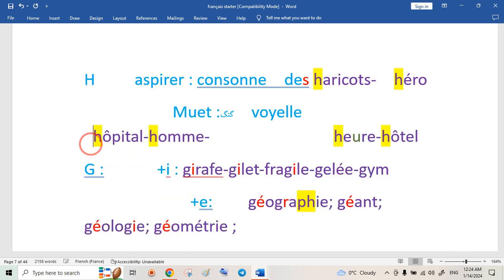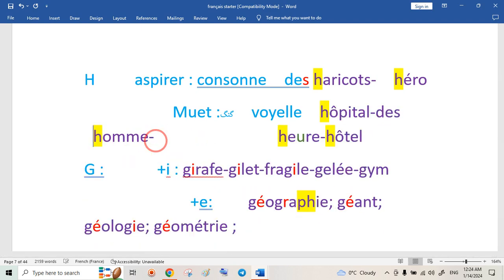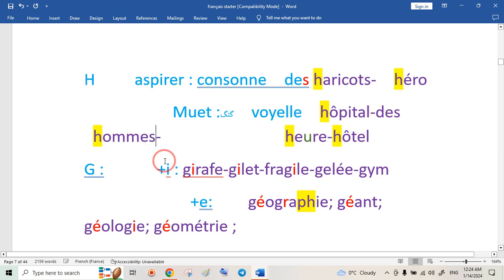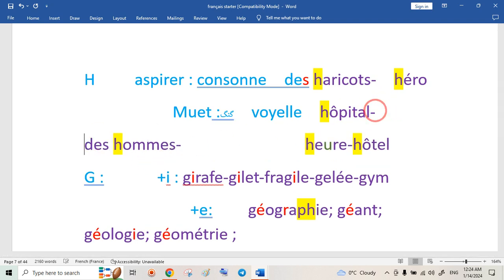We can say des hommes. This is completely right, you can pronounce des hommes, but you can't say des haricots or des héros, because the H in these two words is H aspiré.